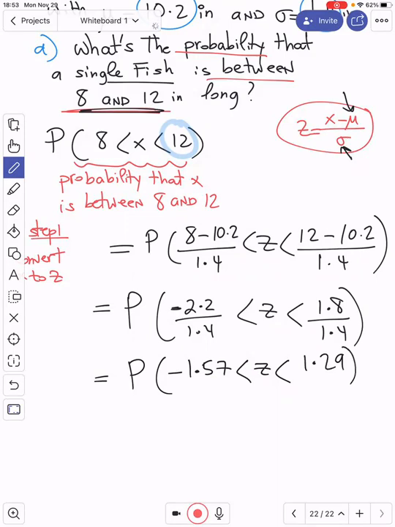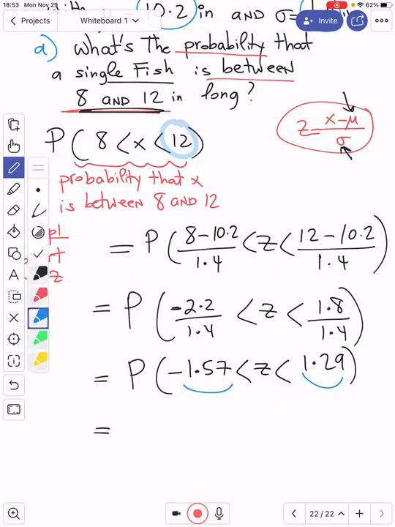So now the probability that Z is between two numbers, we said this is equal to the probability that Z is to the left of the second number here, minus the probability that Z is to the left of the first number, the negative 1.57, right?